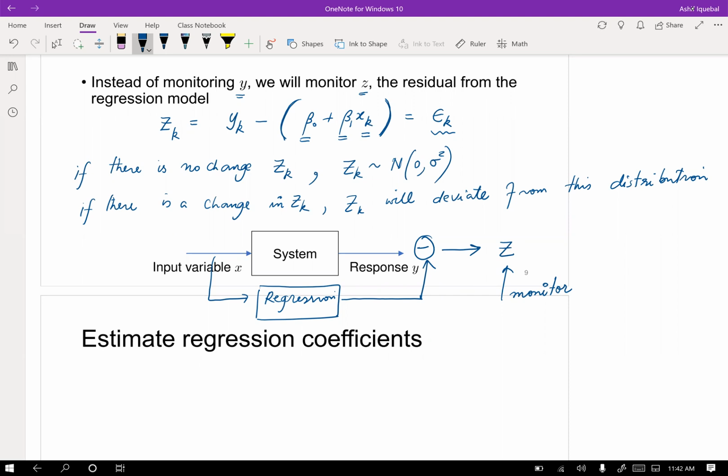I'd say it's a little abstract right now. I'm just writing down in terms of variables and constants, but we'll use an example to see how this works. But before we use an example, we still need to estimate the parameters beta 0 and beta 1. Only then we can calculate zk, because we have yk, we have xk, but we don't have beta 0 and beta 1. So let's see how we can estimate beta 0 and beta 1.